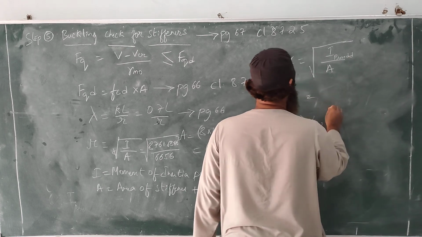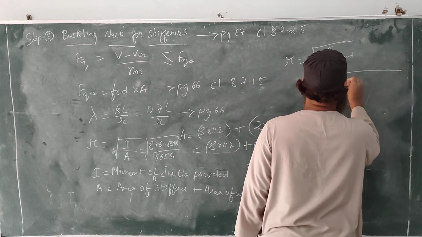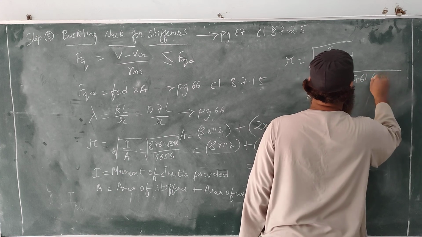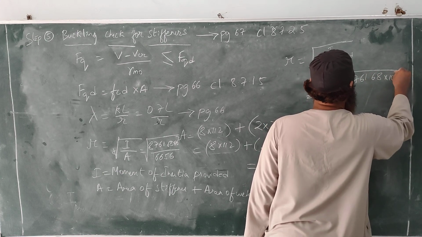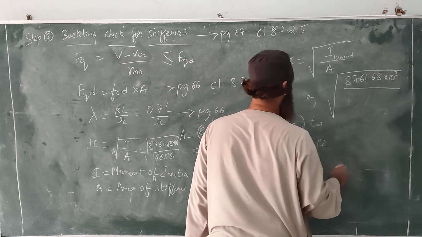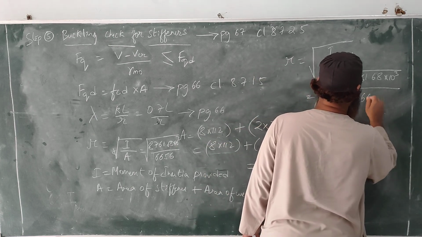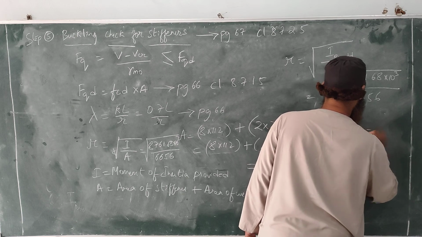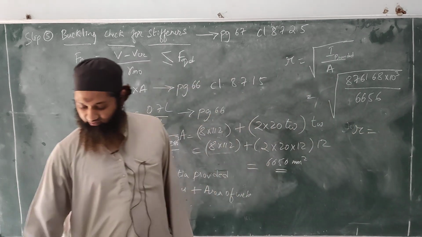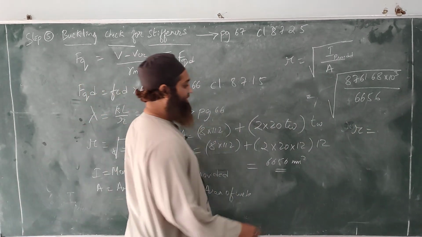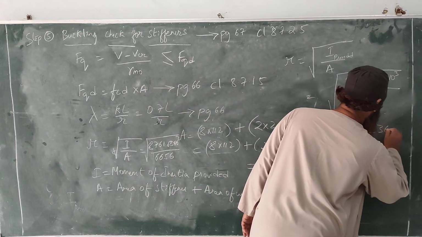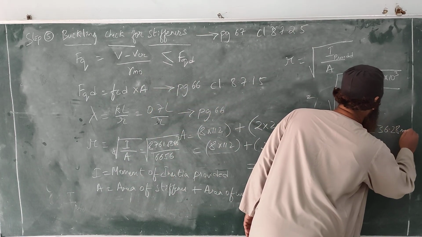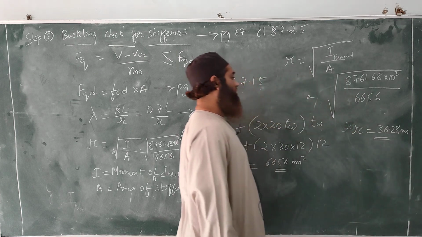Just substitute these values here, 8761.68 into 10 cube by 6656. So r is equal to, I've got that value as 36.28 mm. This is the value of r.